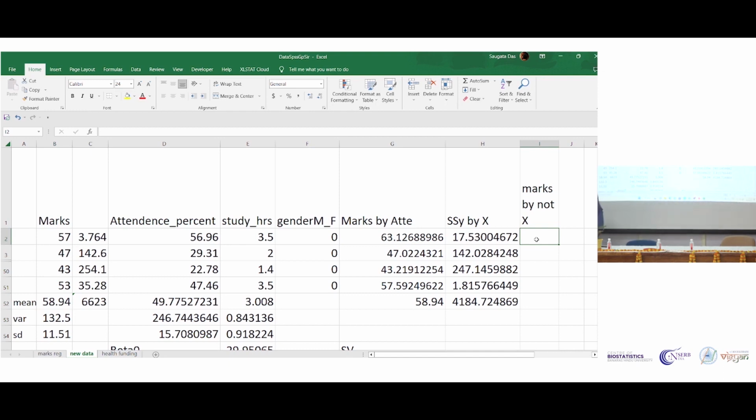It is called free from effect of x. कल जो हमने आपको पार्शियल की आइडिया जब बता रहा था मैं, ठीक है? So let us calculate equals to 57 minus this.